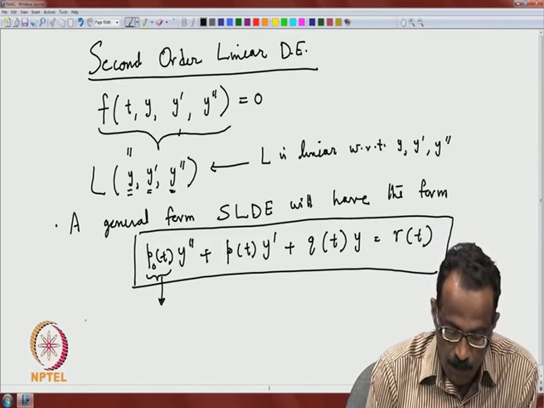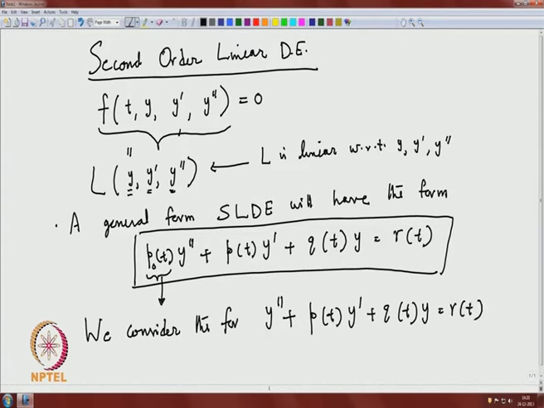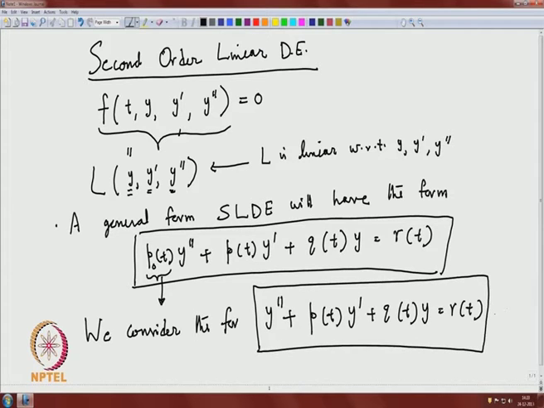So, the general form we consider is the regular form: y double prime plus P of t y prime plus Q of t y equal to R of t. This is our main equation with coefficients P, Q and R.